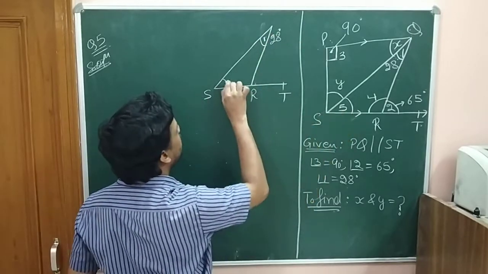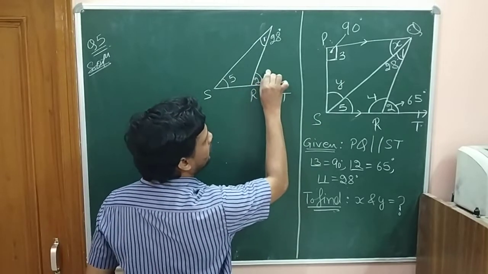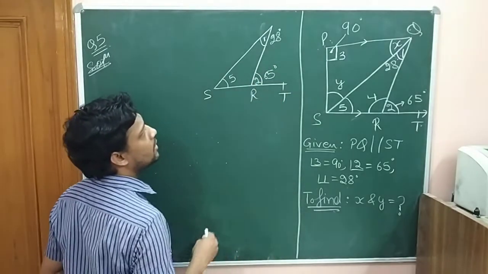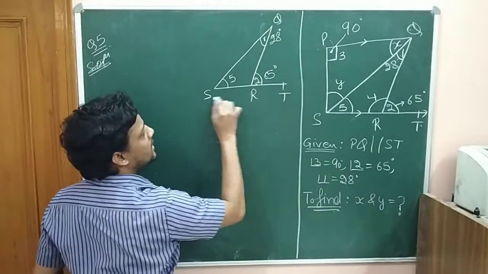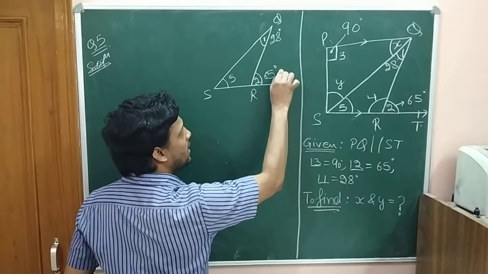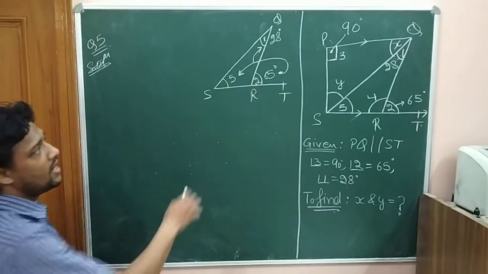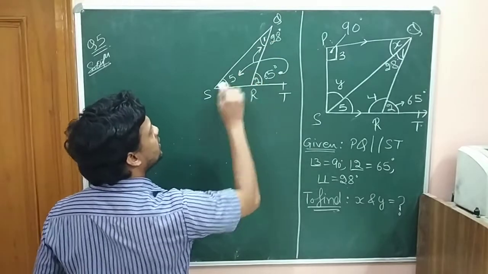This angle is 5. This angle is 2, which is 65 degree. So in triangle QSR, the property of exterior angle: exterior angle equals the sum of the two opposite interior angles.